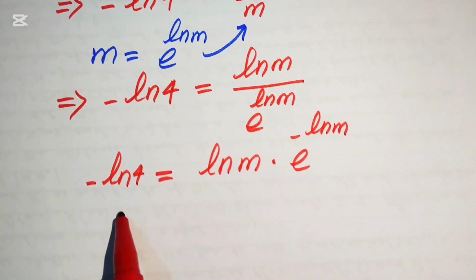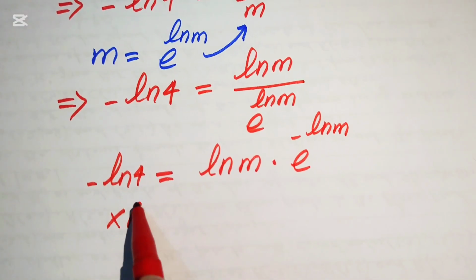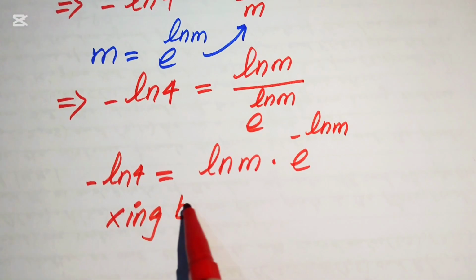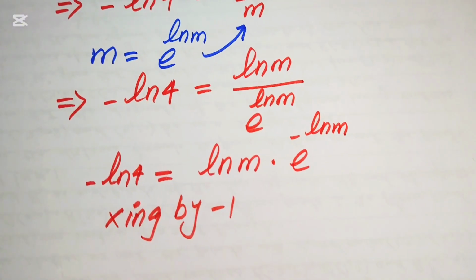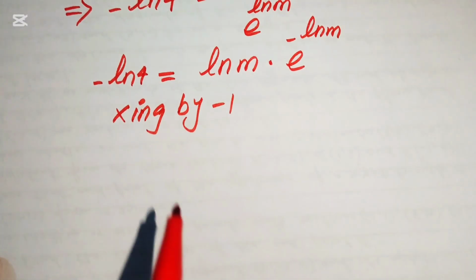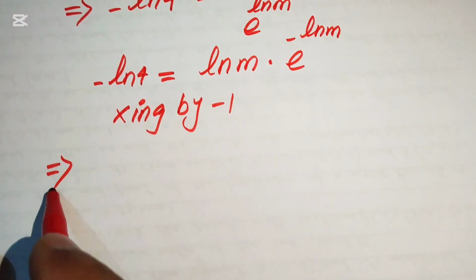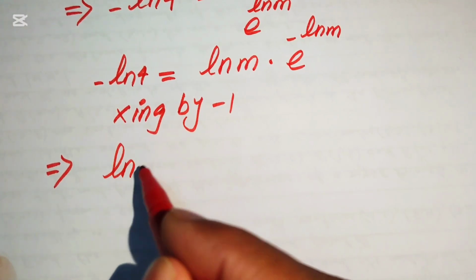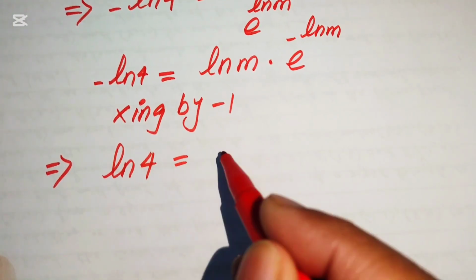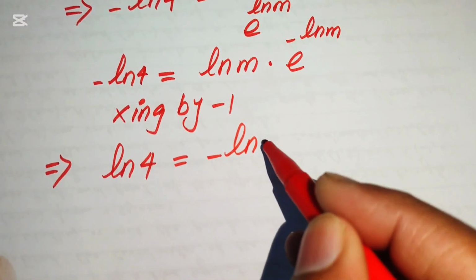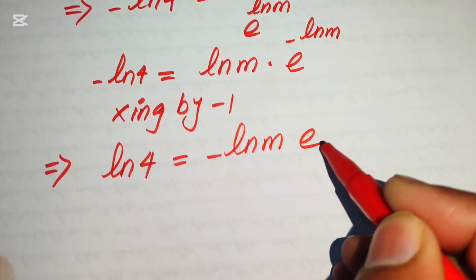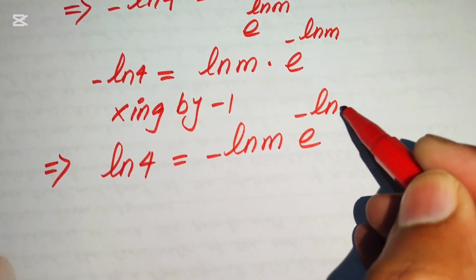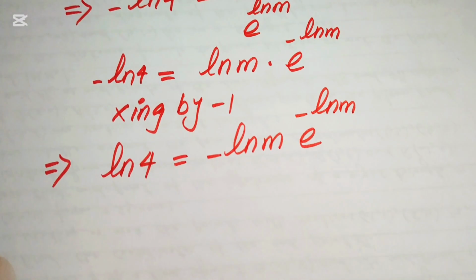Now we multiply both sides by minus 1, so our above equation is written as log of 4 equals minus log m times e to the power of minus log m.